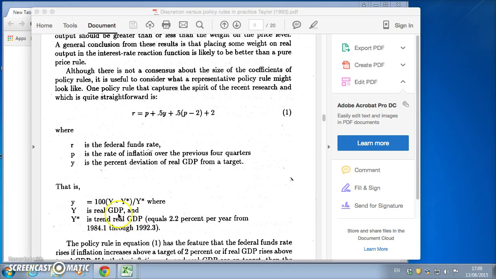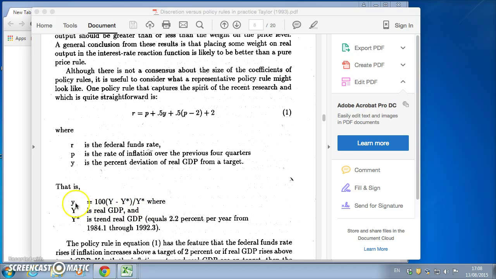In what was originally proposed, the output gap was the level of real GDP minus a trend, which John B. Taylor took to be equal to about 2.2% per year, and divided by the trend.